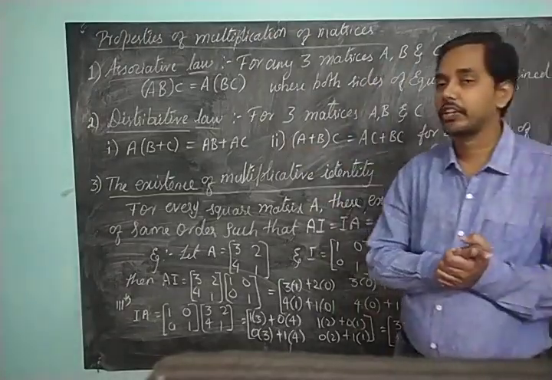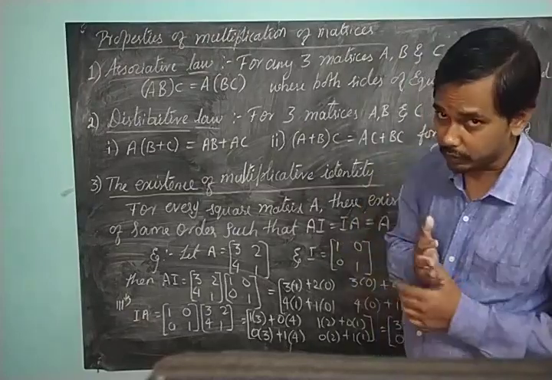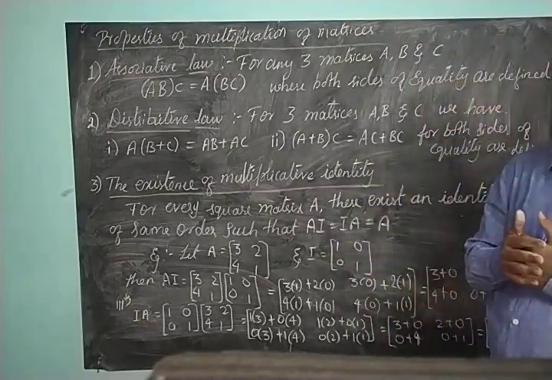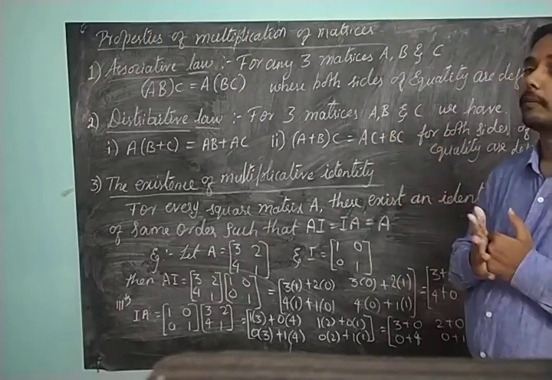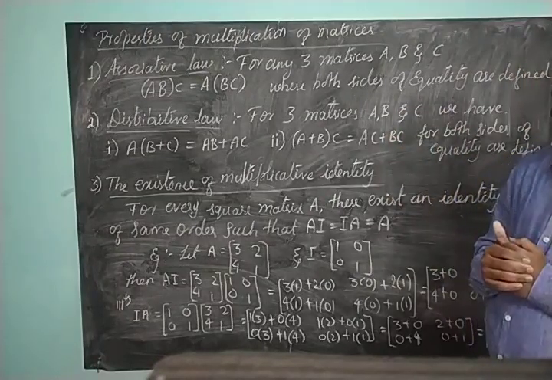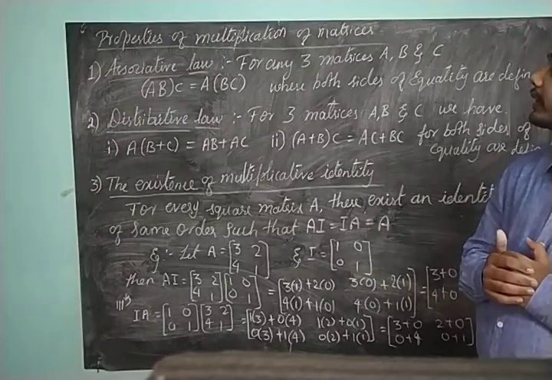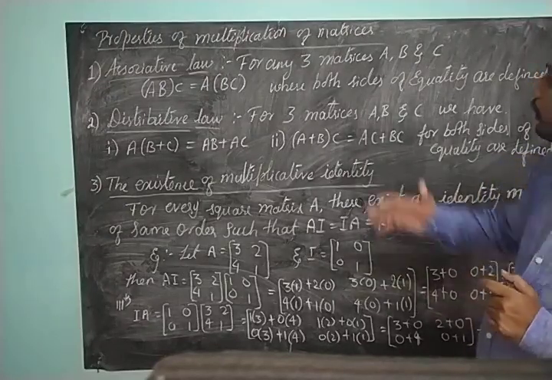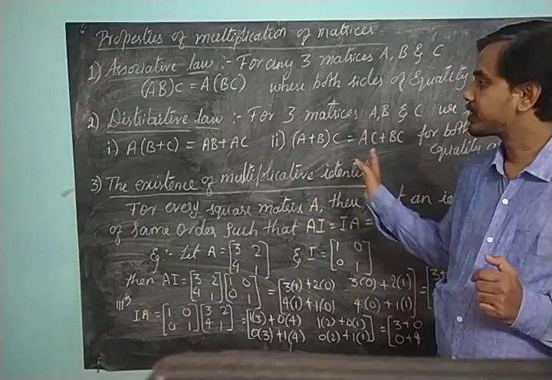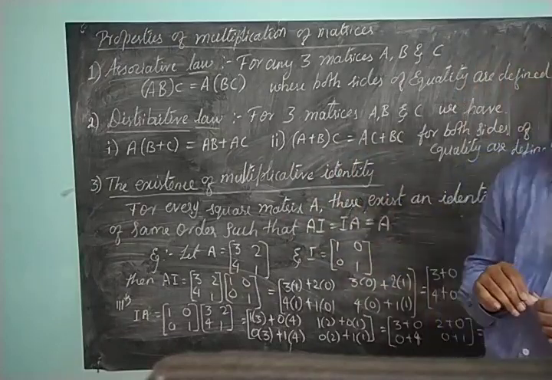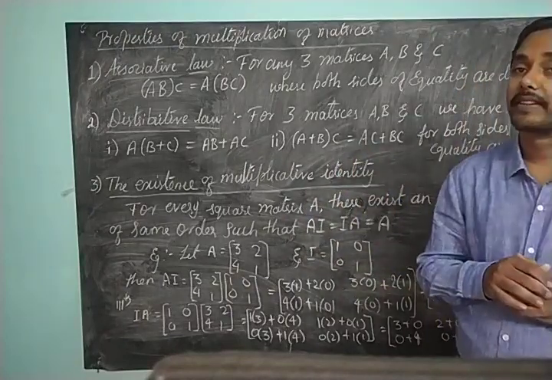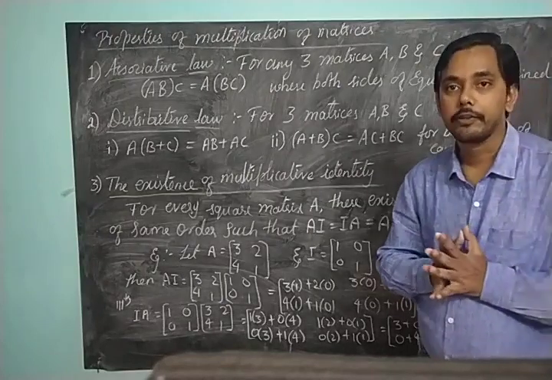Today we have studied properties of scalar multiplication of a matrix, properties of multiplication of matrices, and we have also seen a few examples on scalar multiplication of matrices. And we have studied different properties, existence, distributive law and associative law in multiplication of matrices. So today we are going to stop this video here.